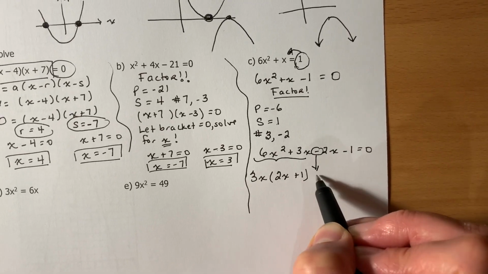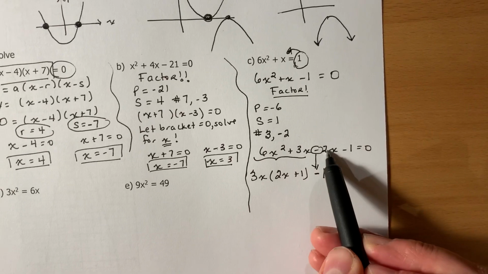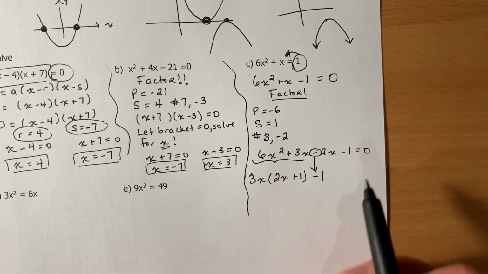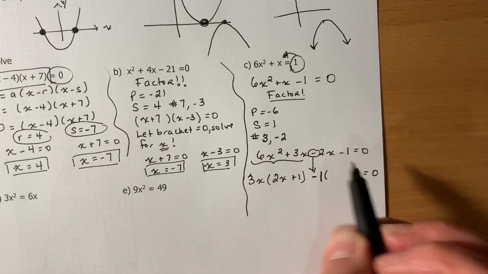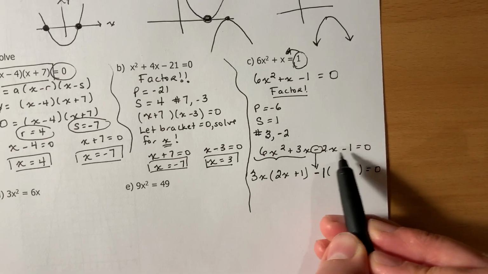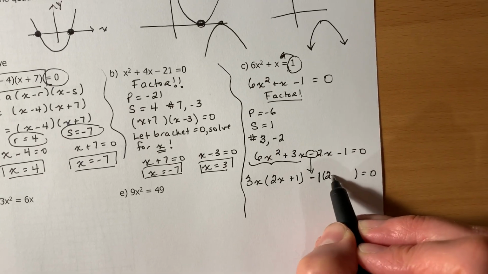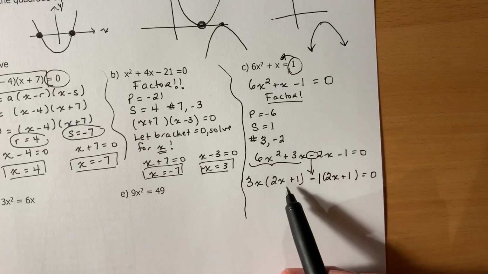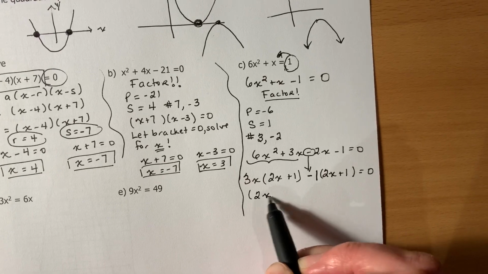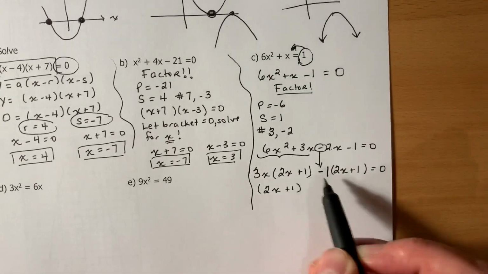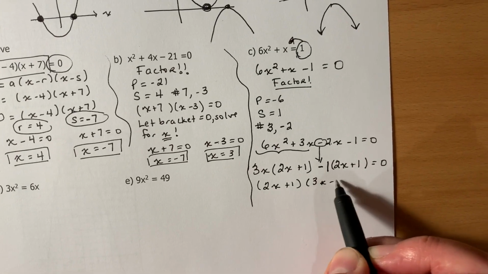Take down this sign, look for the common factor here, which is 1. That's why I have this negative 1 here. Divide each of these terms by negative 1, so I get 2x plus 1. Remember, these brackets must be the same, which they are. And then I have 3x minus 1.